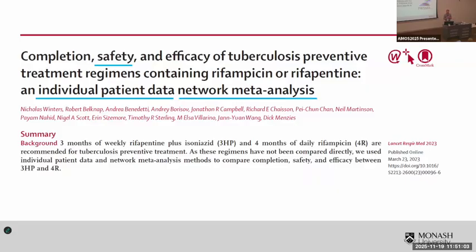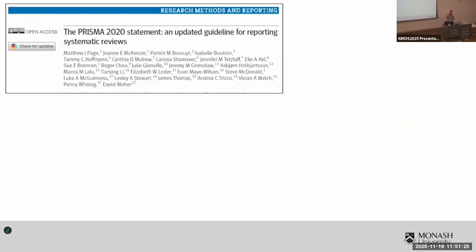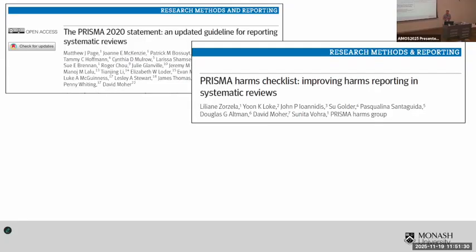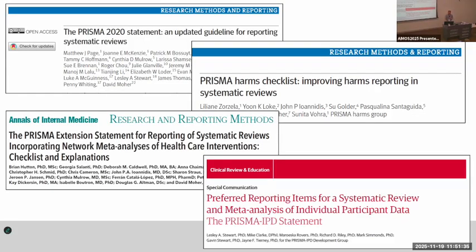The only guidance we included in Prisma 2020 was that we recommend authors report their review in accordance with Prisma 2020, the main guideline, along with the guidance specific to the extension. We should have said extensions because in some cases like this, multiple of them apply. So for this review, the authors would need to consult the main Prisma 2020 statement, the extension for harms, the extension for network meta-analyses, and the extension for reviews of IPD.